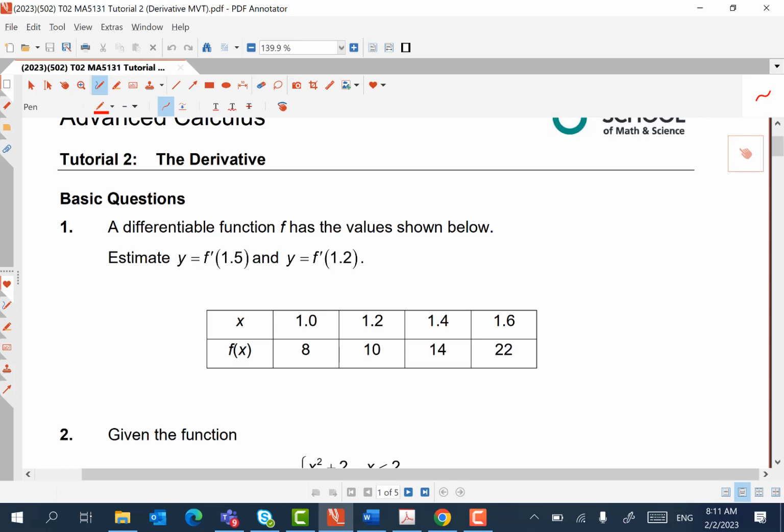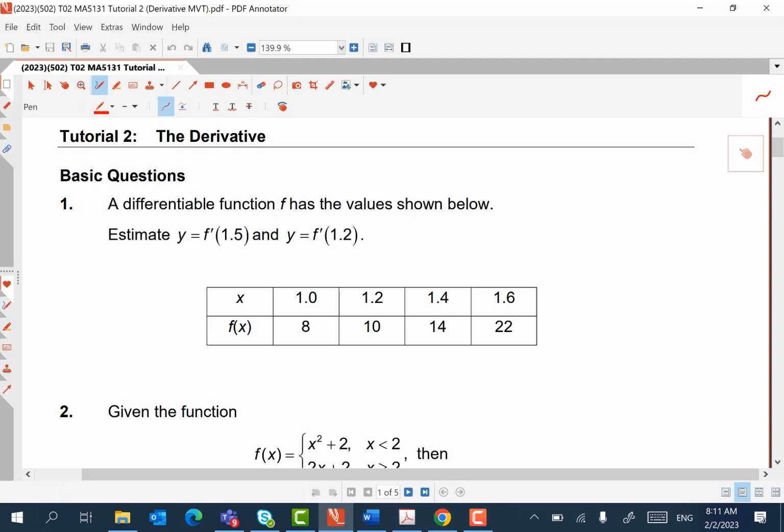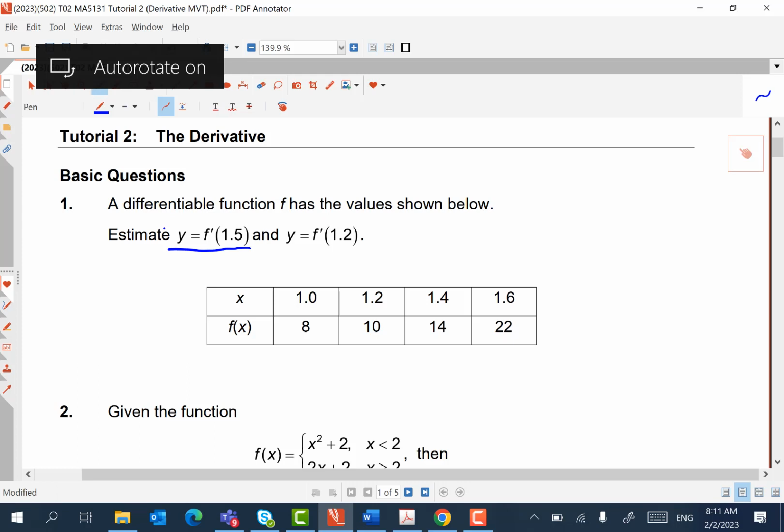Let's start with Jethro. Number one, if you're asked to approximate the gradient at 1.5, do you remember what we do? Yeah, right.